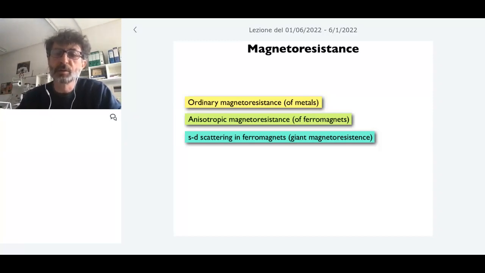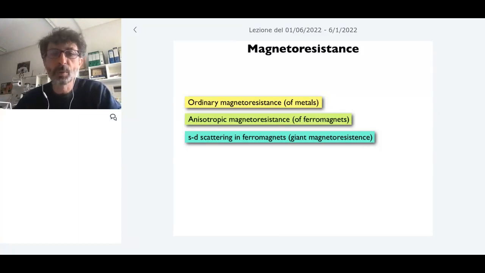Now, giant magnetoresistance is applied in a lot of applications of spintronics, but here we will see just the basis, and in the next unit with Michaela, you will see possible applications of this giant magnetoresistance effect.